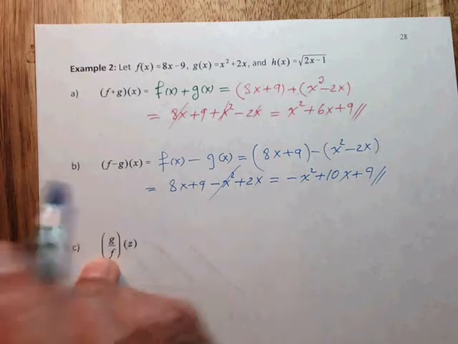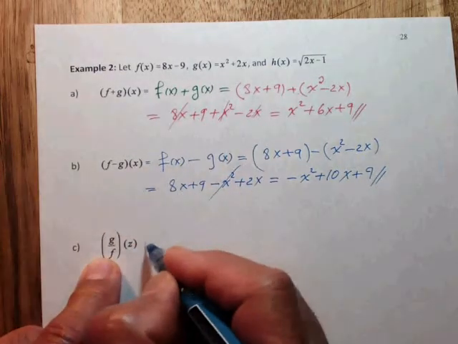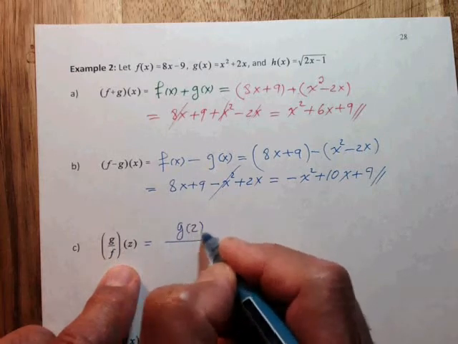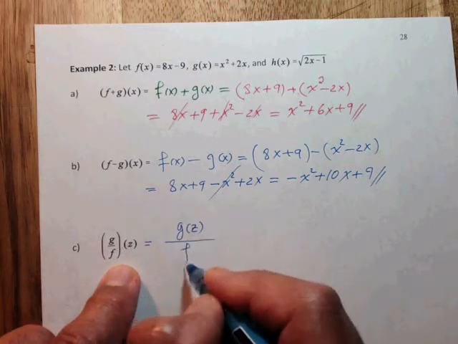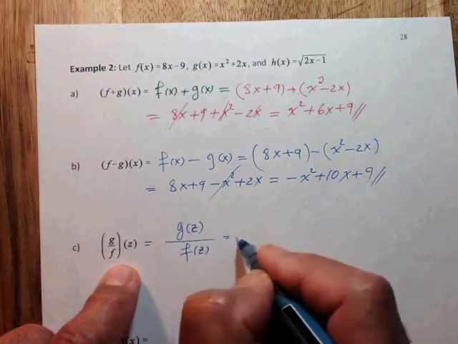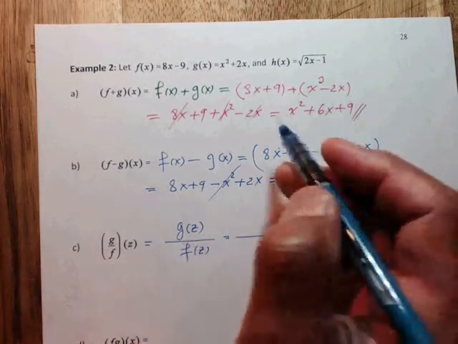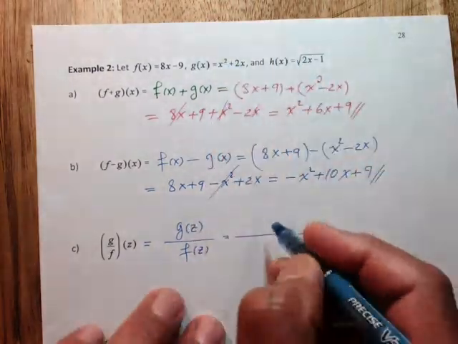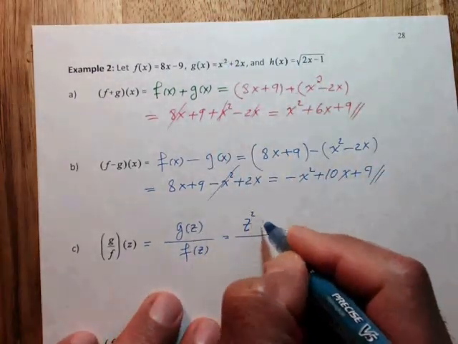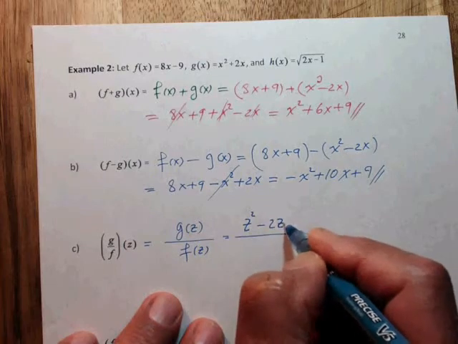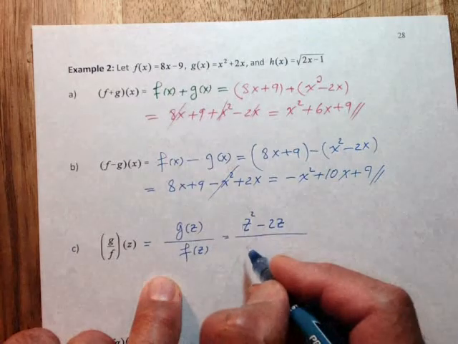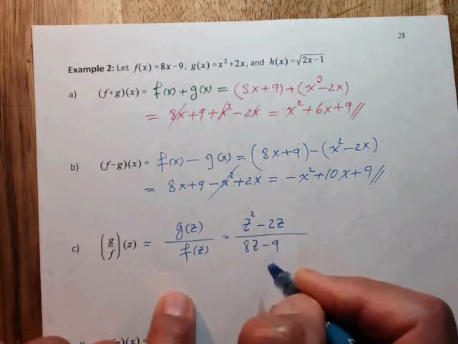Now g divided by f at z, so this is g of z divided by f of z. What is g of z? g of z means replace this x by z, so you get z squared minus 2z. f of z means 8z minus 9.